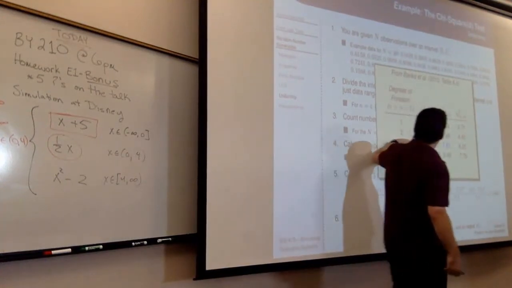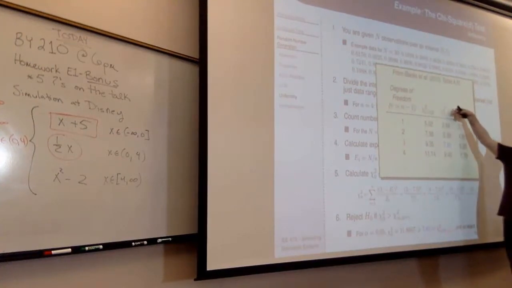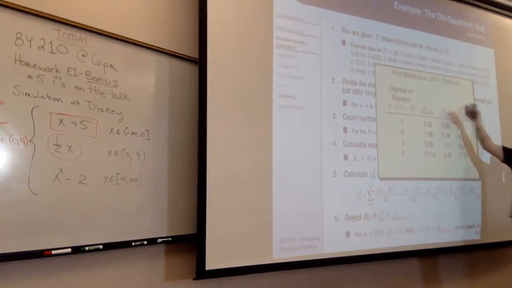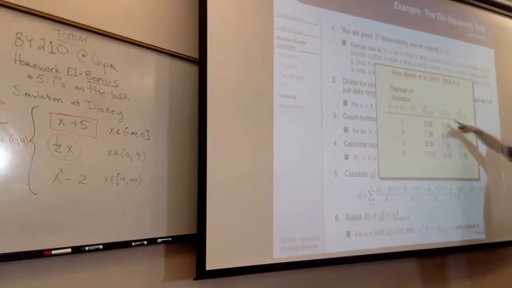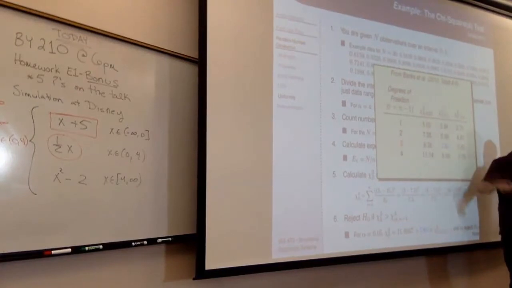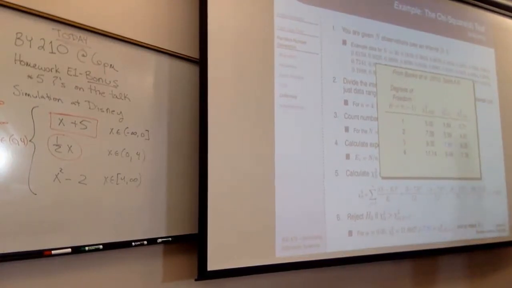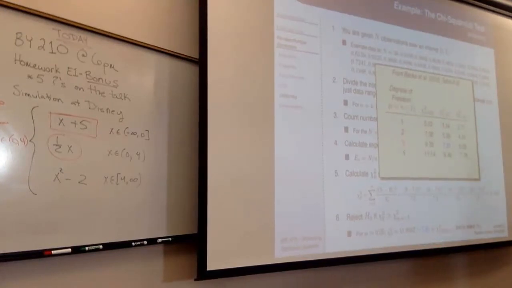So I look in row 3, and the columns are organized by that alpha value, the acceptable type 1 error, and that's 0.05. And so I find that my critical chi-squared value is 7.81. Now I see that 11.866 is way bigger than 7.81.